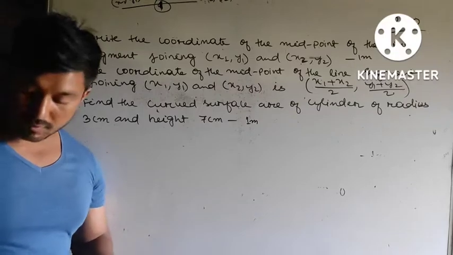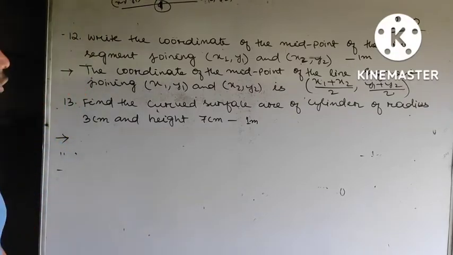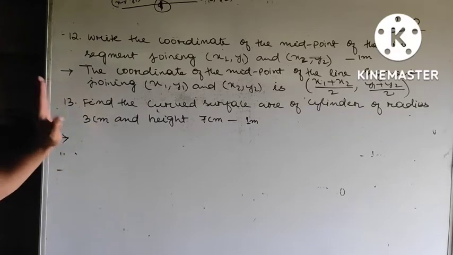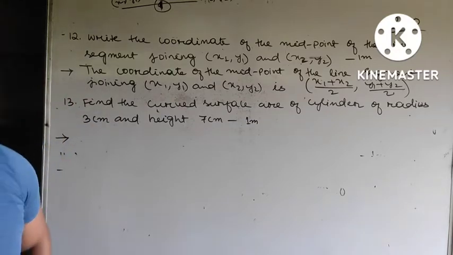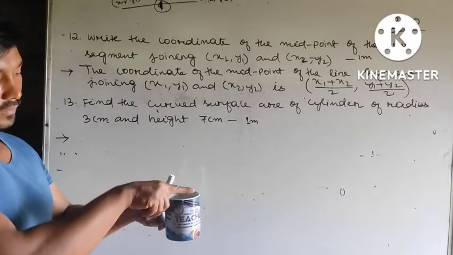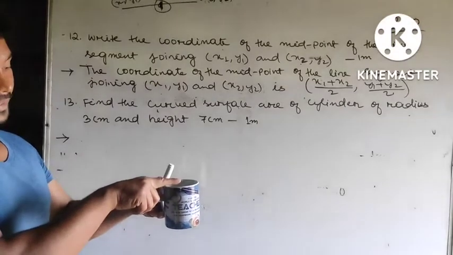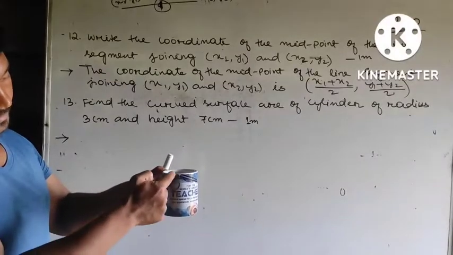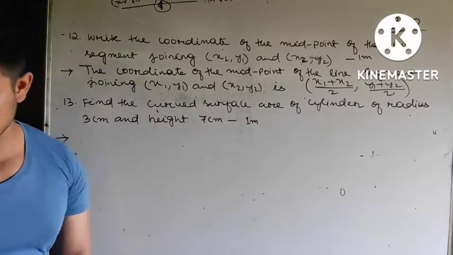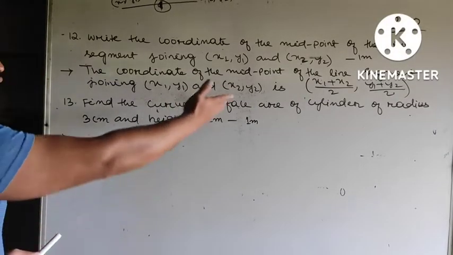So for that, what are the requirements that we need in the question? Radius and height should be given. Radius means, I hope you know, right? This full is called the diameter and the half of this is called what? Radius. And this is called the height. Alright, so we need those two quantities, and they are already given.